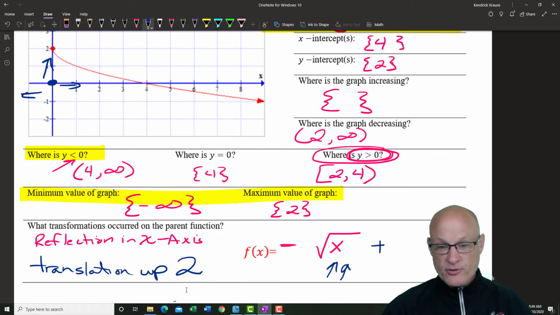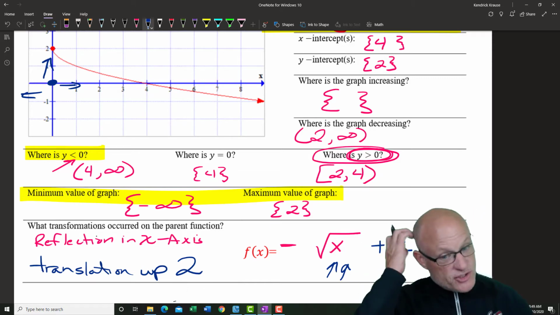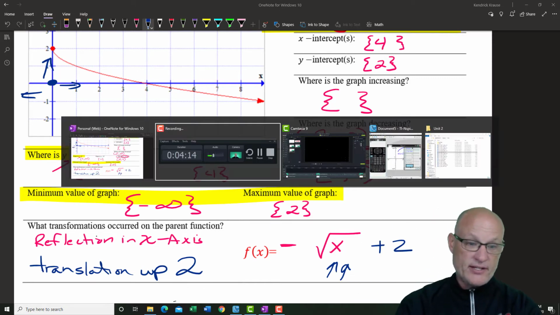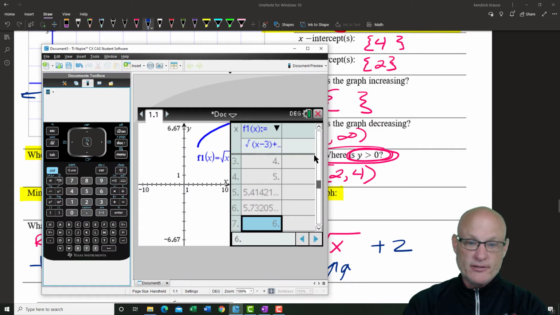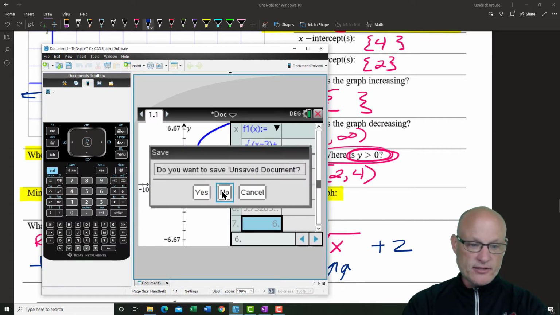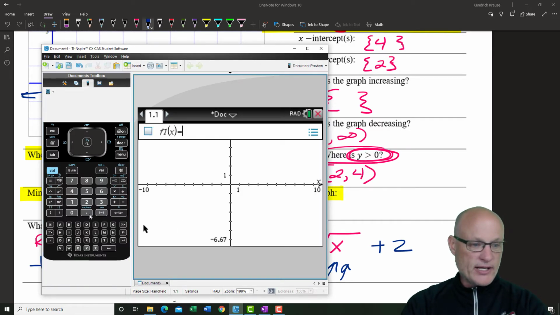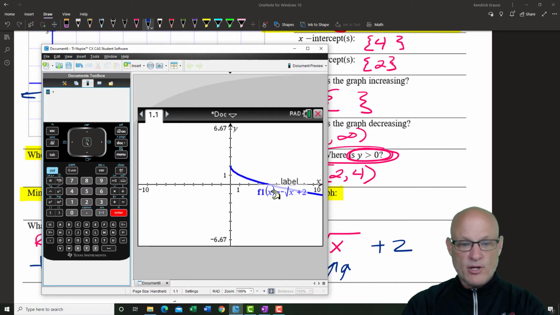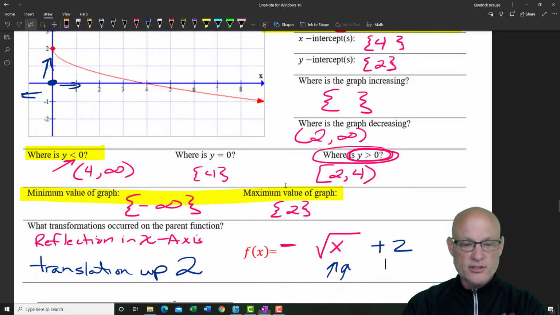So we just put a +2 at the end. And you can always check that on the dumb machine. You can come over to say, hey, dumb machine, prove it to me. Prove it to me, man. And that's okay. Dumb machine likes to help out. So we put a negative, square root, x, and then +2 on the outside. And, oh, yeah, that's kind of like what my graph looks like. Good, good, good. Got it.